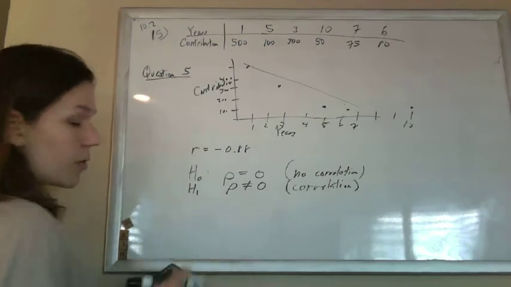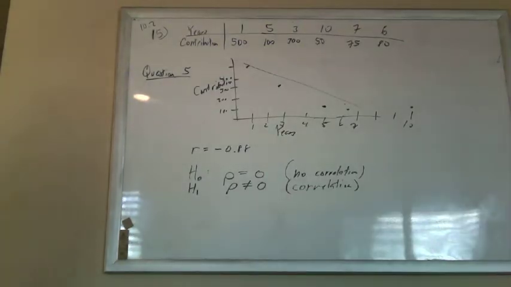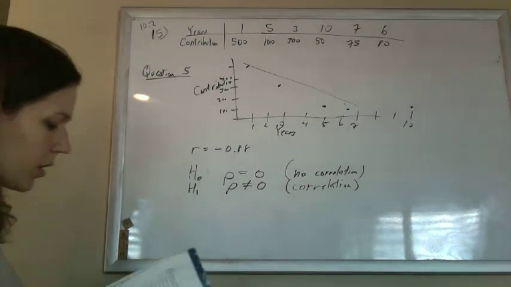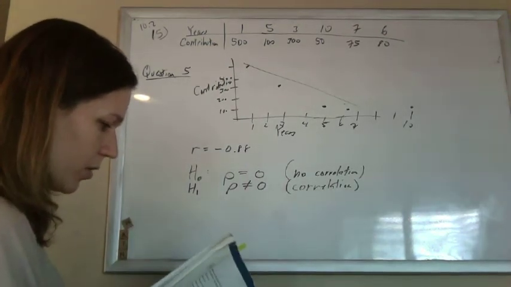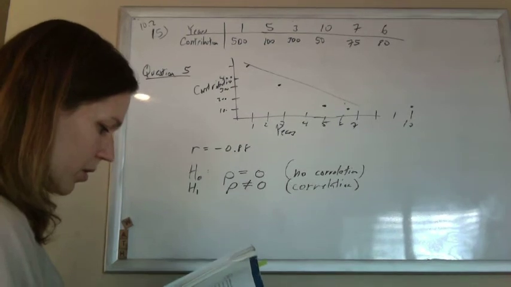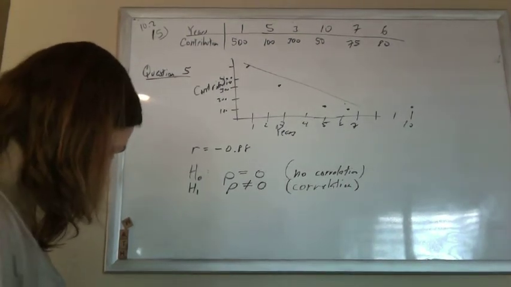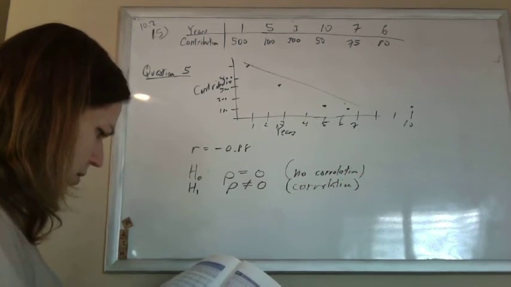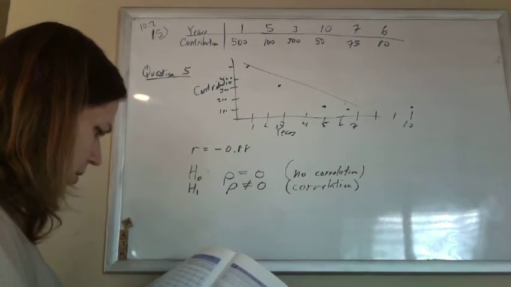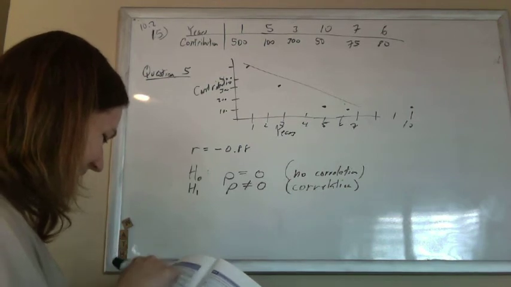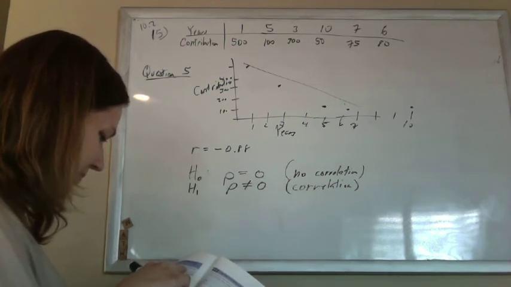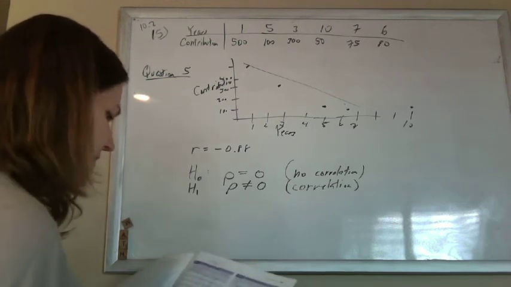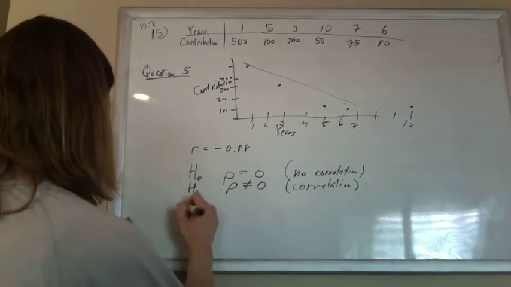So to get your critical values, you're looking at a special table in the back of the book. In your book, it's table I on page 793.